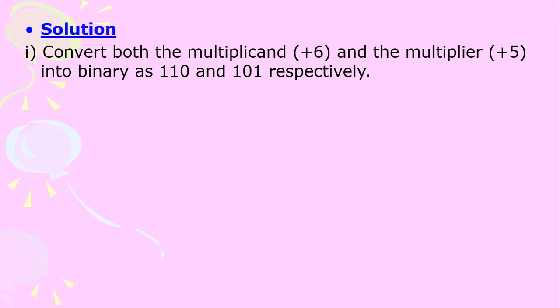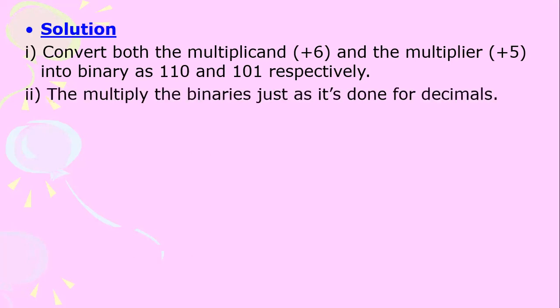So the binary equivalent of 6 is 110. The binary equivalent of 5 is 101. Then multiply the binaries just as it's done for decimals, as follows. So we just multiply the way we multiply ordinarily.